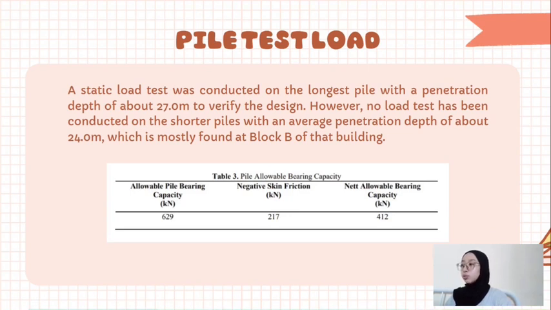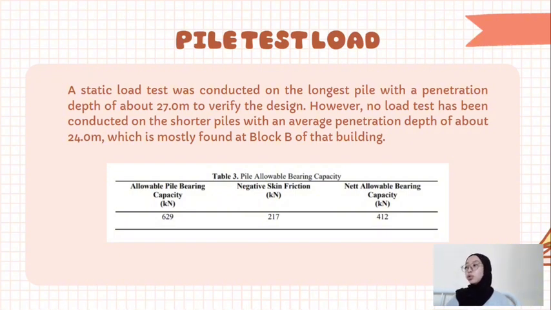Okay, next we move to the third solution and the last one, which is pile test load. So basically, table 3 shows us the pile allowable bearing capacity.